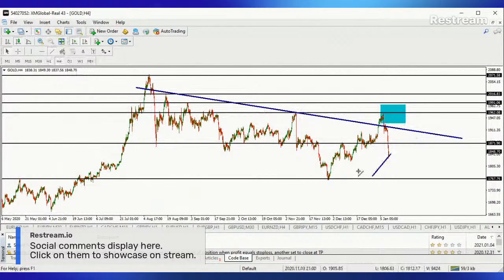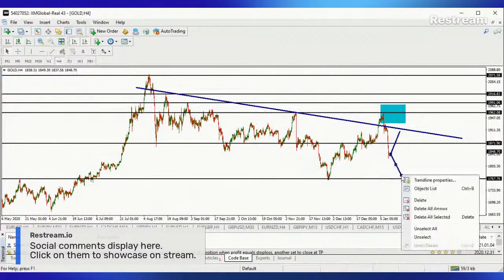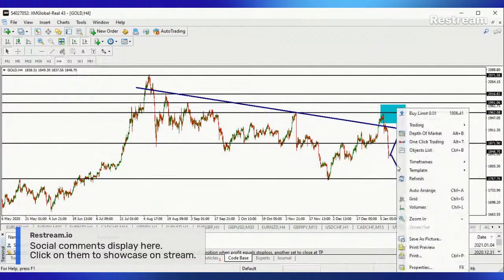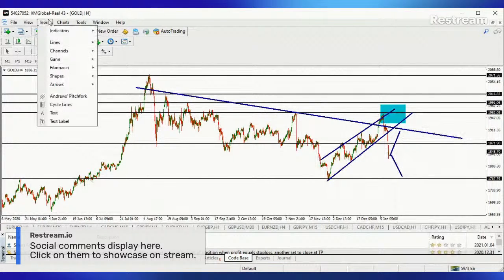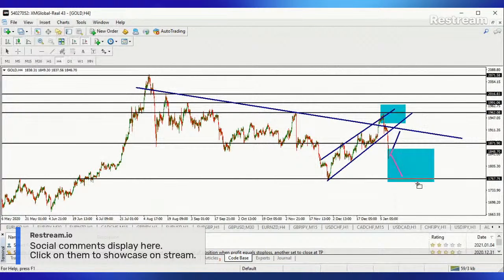But what's happening now? It may go retest over there. It's going to go retest. So if I look at this closely, my next anticipation for gold is going right to here.